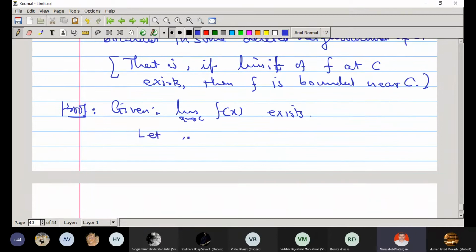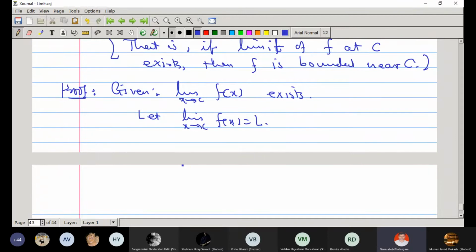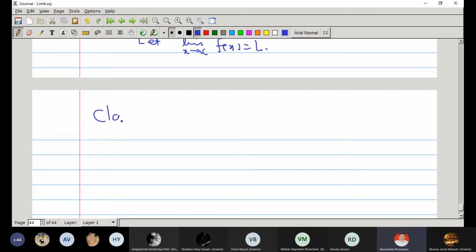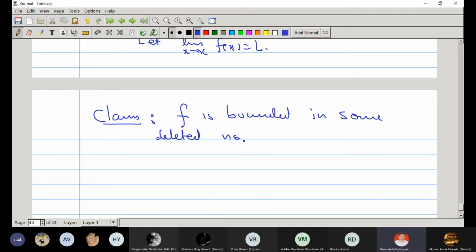Okay, let limit x tends to c of f(x) be equal to L. Suppose the limit is L. It exists means it is some number, that number is L. So what is our claim? f is bounded in some deleted neighborhood of c. That is, f is bounded in some deleted neighborhood of c means what we want to prove.